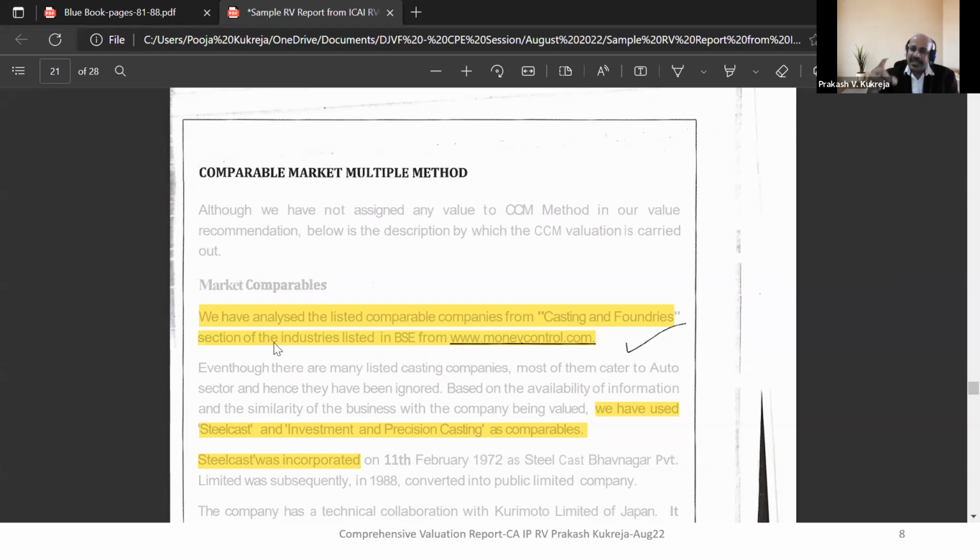He has justified why he has taken 20%, because they are not an exact match of that company for which he is doing the valuation, right? And within market multiple method, he used two different metrics, which is the P/E and EV upon EBITDA. So that also he took 50-50%. So that also he has justified. Does that answer your question? Yeah. Thank you. Okay, no problem.